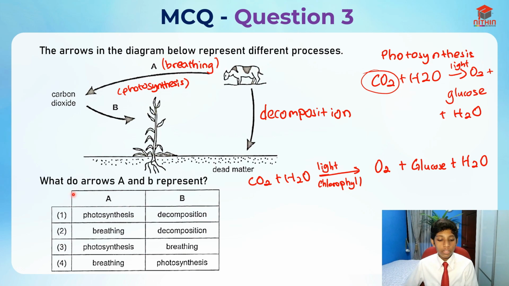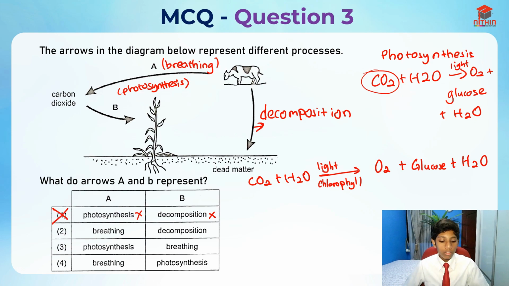So they are asking us, what do arrows A and B represent? Okay, so A is actually photosynthesis, right? No, that's wrong. Because A should be breathing. So this is wrong. And B, they are telling us that it is decomposition. No, this arrow over here is decomposition. Okay, so this is also wrong. So we can right off the bat cancel out option number 1.